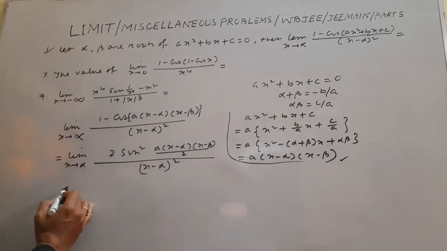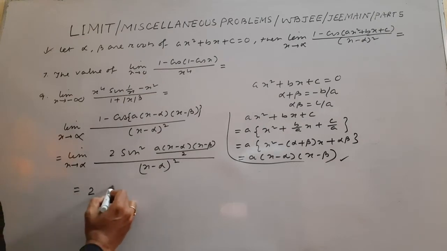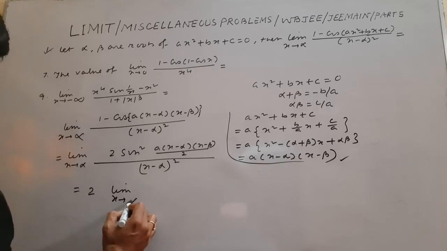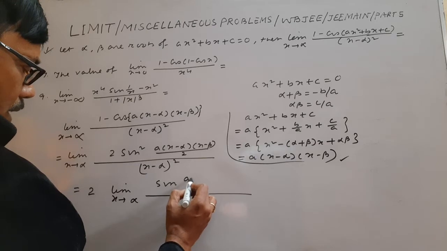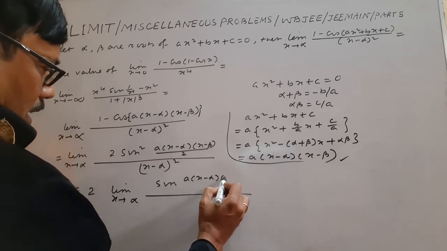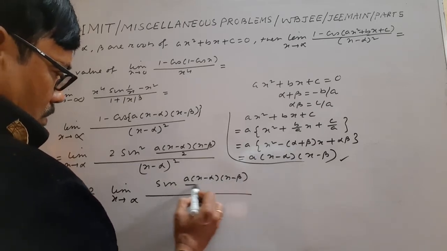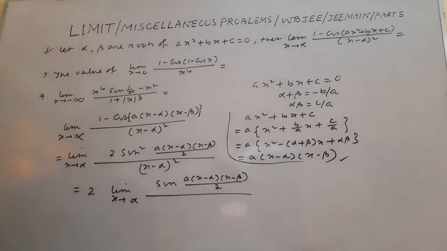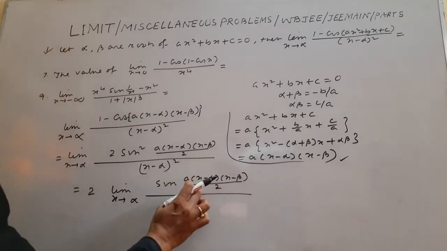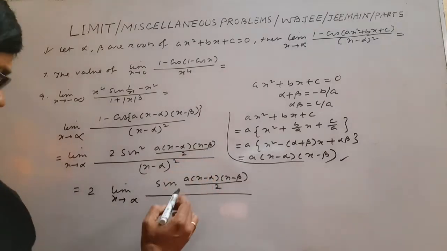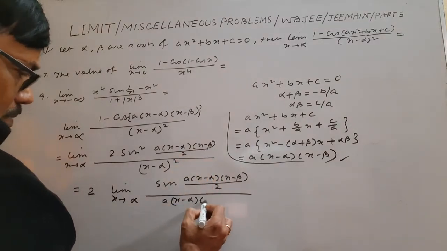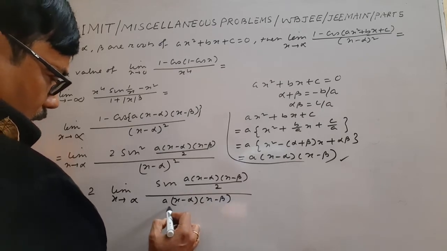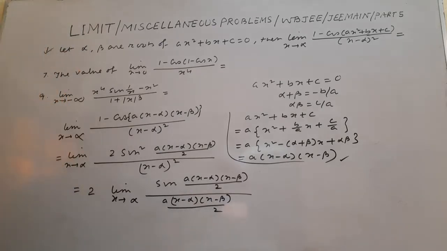Now sin x by x is a standard limit, so we want to express it in that form. Look at this form: sin of a into (x minus alpha)(x minus beta) by 2. This is the argument. As x tends to alpha, this argument tends to 0. So make it balanced by these 2.